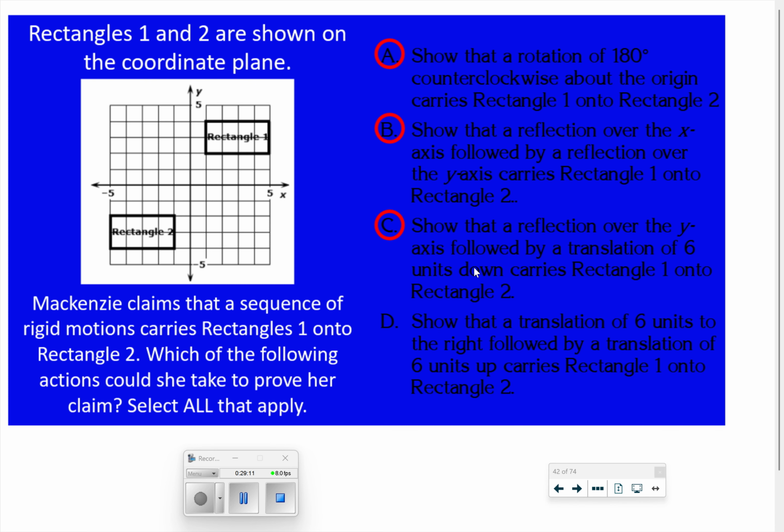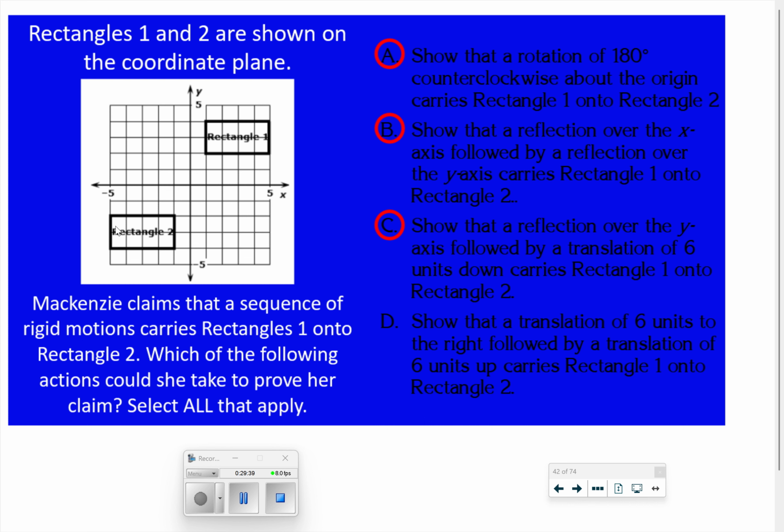Show that a reflection over the y-axis followed by a translation of 6 units down carries rectangle 1 onto rectangle 2. So if I take this rectangle and flip it over the y-axis and then slide it down 6 units, it would go from 1 to 2. Finally, show that the translation of 6 units to the right followed by a translation of 6 units up carries rectangle 1 onto rectangle 2.